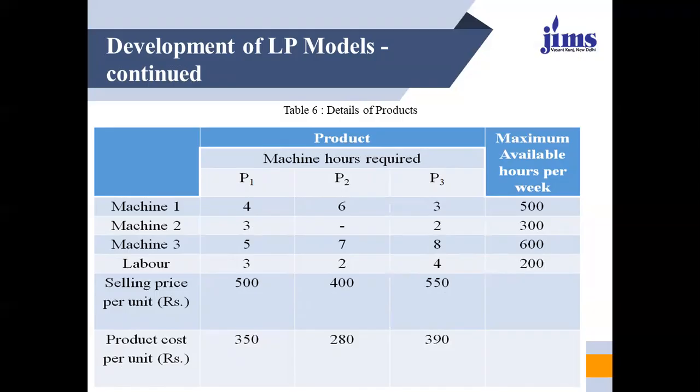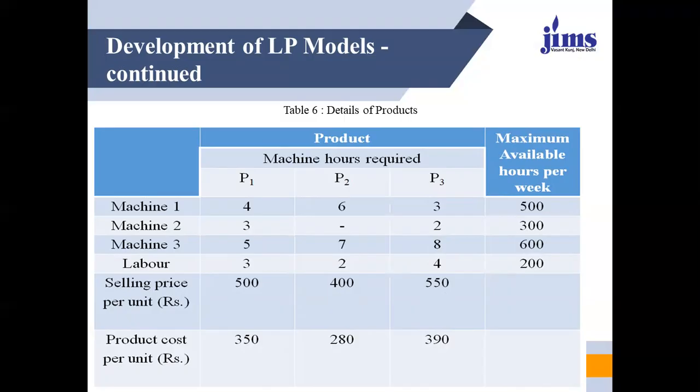And the product cost per unit is rupees 350 for P1, rupees 280 for P2, and rupees 390 for P3. And the maximum available hours per week for machine 1 is 500. For machine 2 it is 300. For machine 3 it is 600.